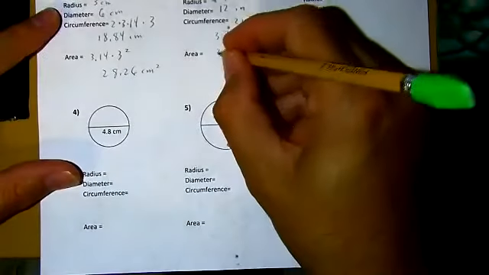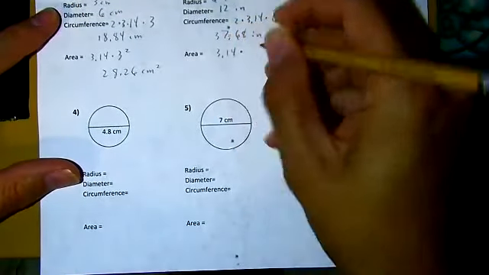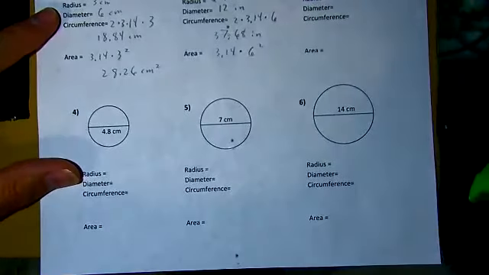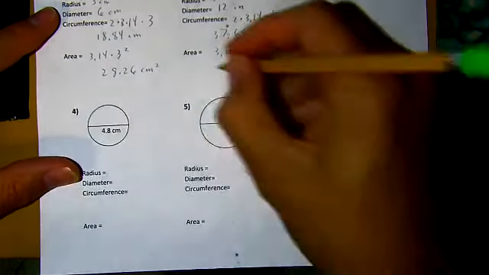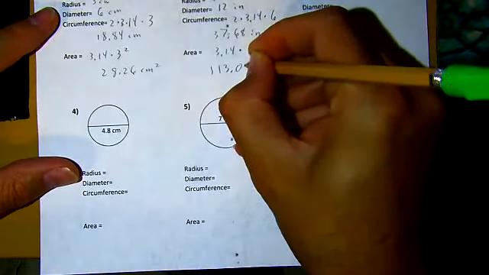The area is going to be pi times radius squared: 113.04.